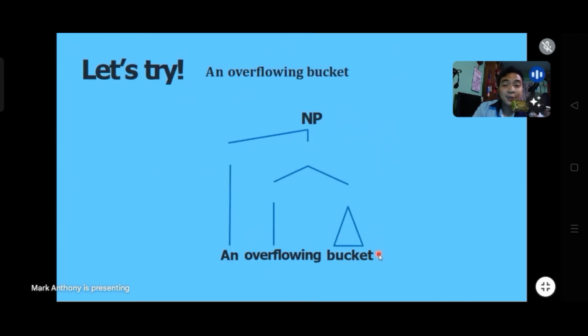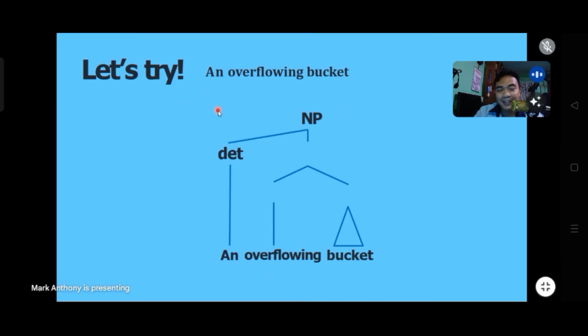Now, let's try to create a phrase structure tree for this sample: "an overflowing bucket." Now, try to remember the rules. Let's start first by identifying the constituents. The first word is "an." "An" would be, of course, the determiner, because again, it determines the noun present in the sentence.